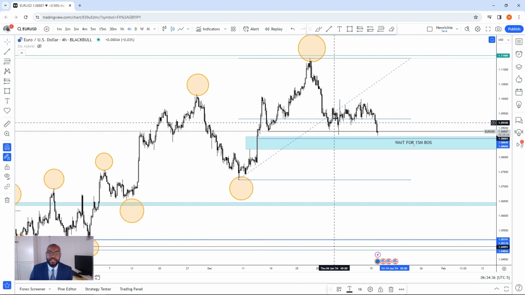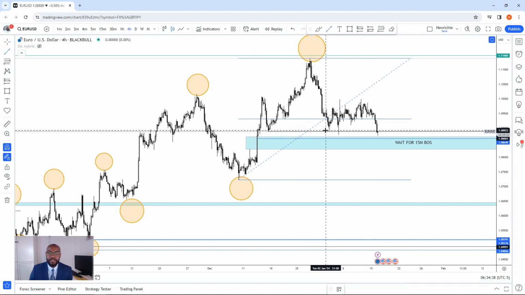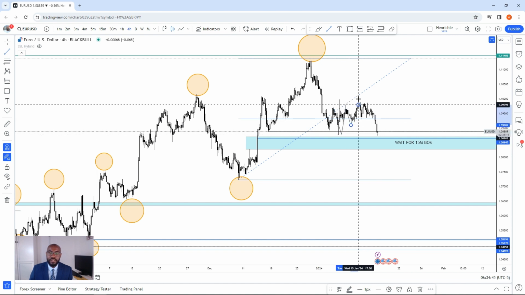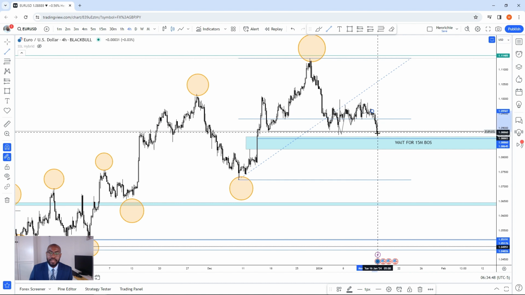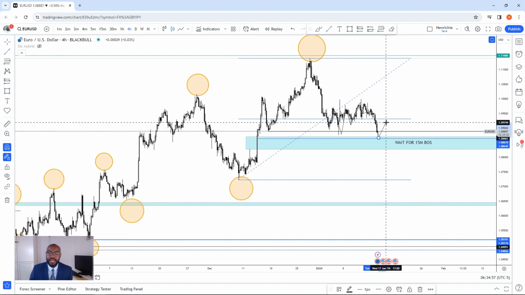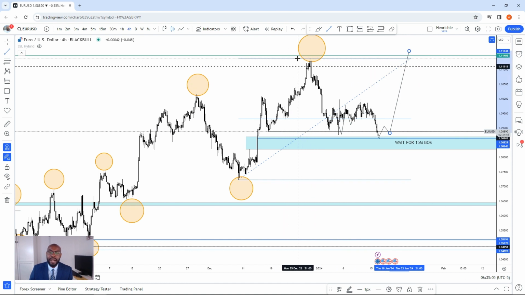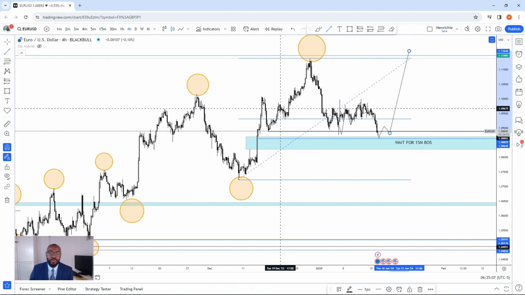So far, you can see price, same thing I just said, we've been in the consolidation phase, and then now we're in the expansion phase. So once we hit inside this position, all I'll be waiting for is either a retracement or a potential reversal to the upside, potentially running this buy side liquidity. That is basically what I'm watching on Euro US dollar.